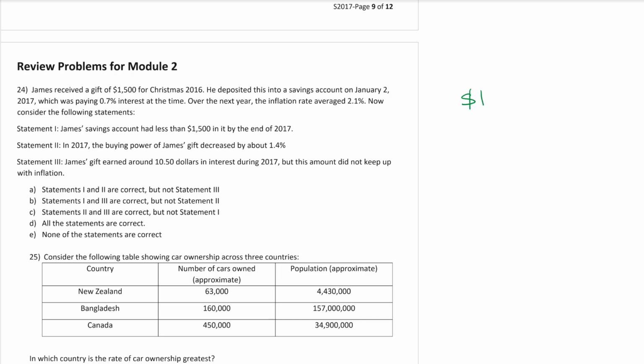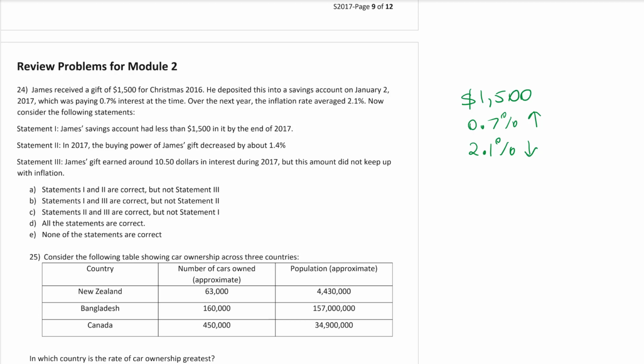So he got $1,500, and instead of spending it right away, he invested it at the low rate of 0.7%, which will make his investment go up. But then over the next year, the inflation rate was making the buying power of his investment go down by 2.1%.